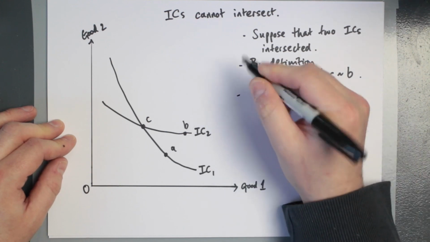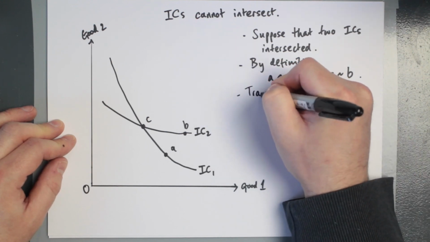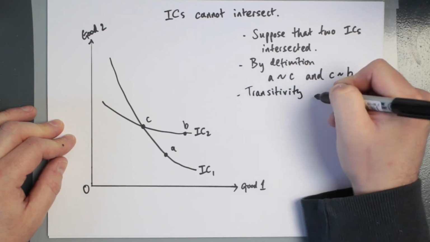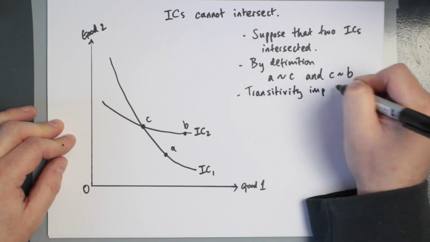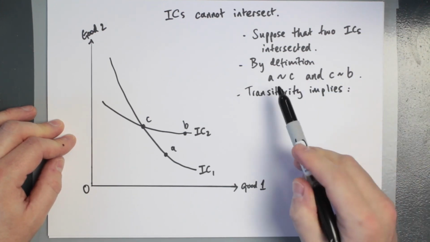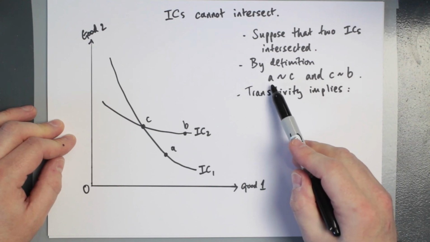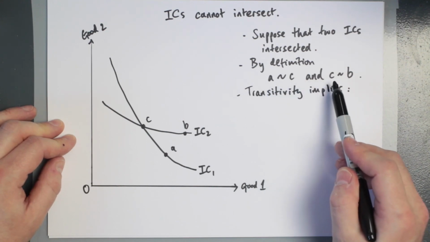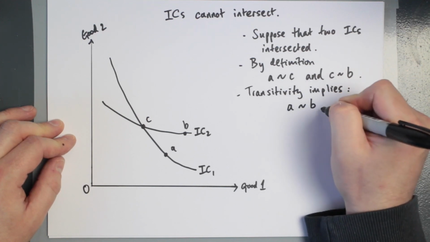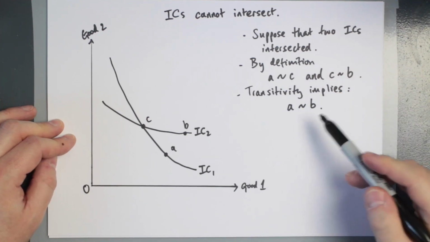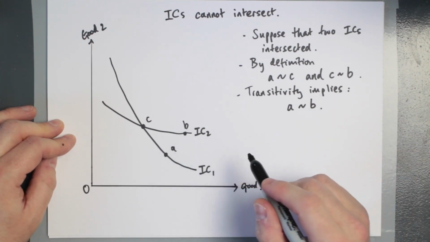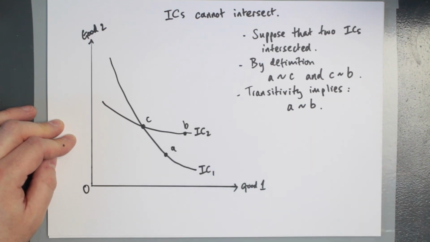So I know that by the axiom of transitivity, if our consumer is indifferent between A and C, and between C and B, then I don't need to ask him about A and B. Transitivity requires that this consumer is indifferent between A and B. Okay. So that's nice. What can we do next?